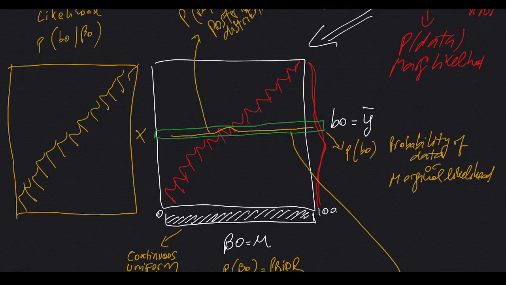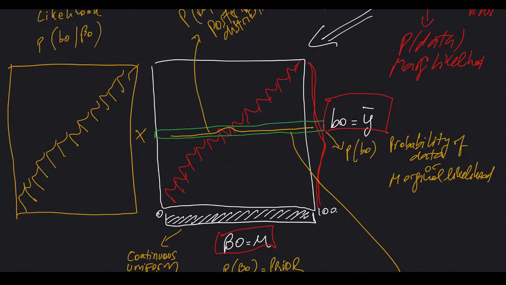Okay, so that is represented here. We've got beta 0 here on the x-axis, and B0, or the mean of the sample we obtain, on the y-axis.